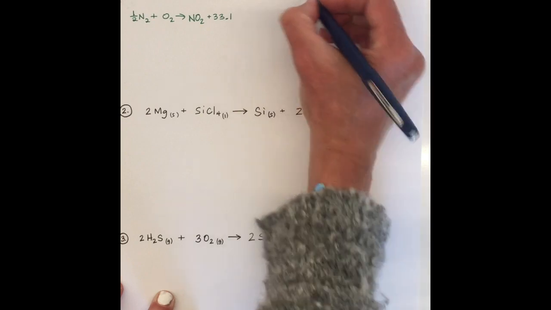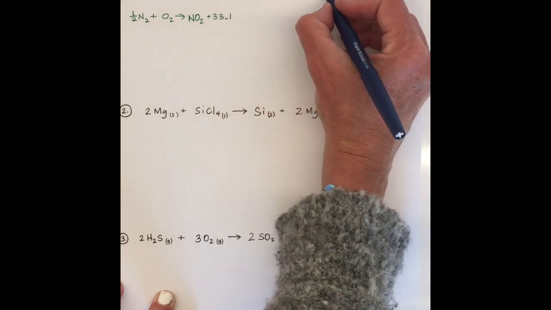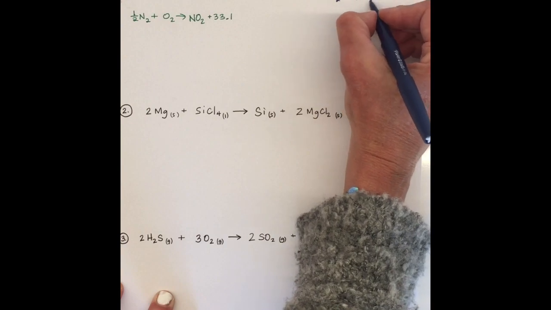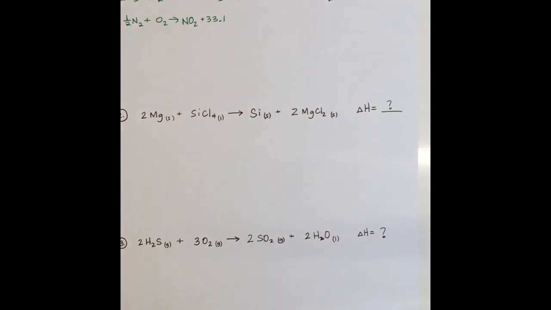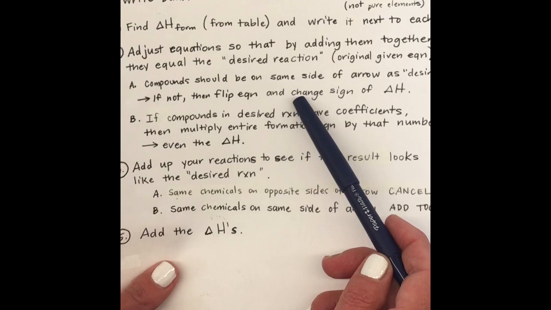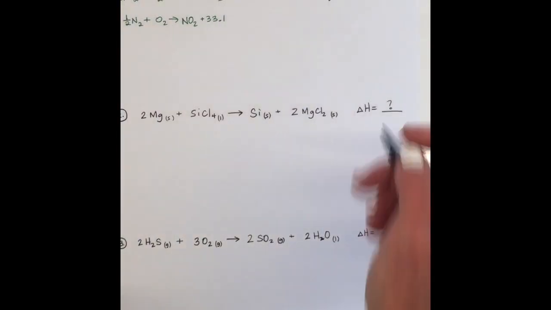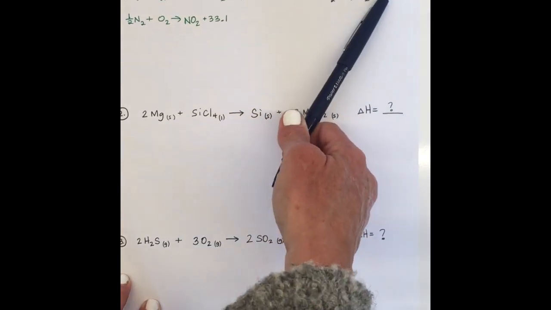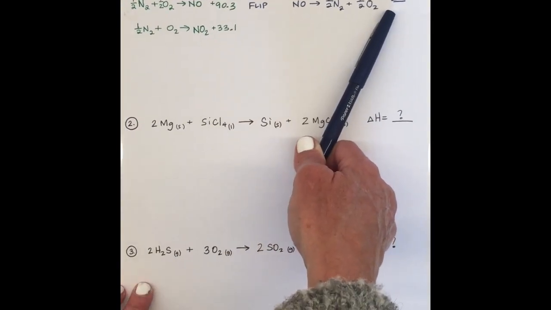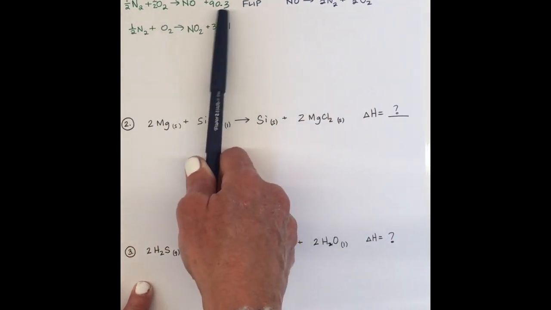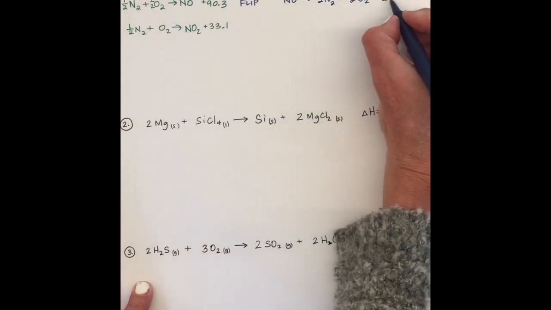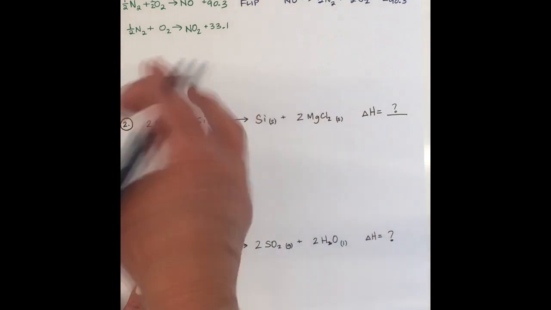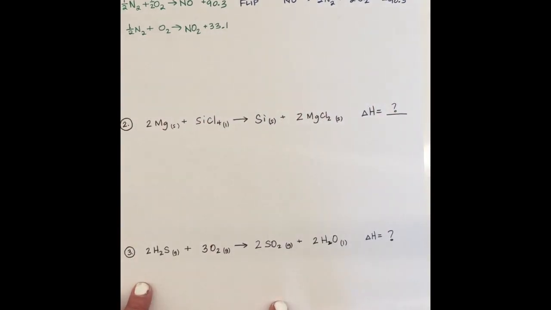NO goes into 1/2 N2 plus 1/2 O2. And it says flip the equation and change the sign of delta H. I'm still keeping track of delta H right over here. Since I flipped the equation, the delta H is now negative 90.3. If you flip it, the sign of delta H changes.